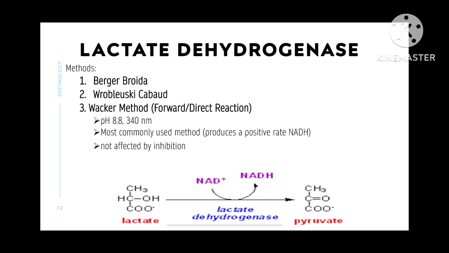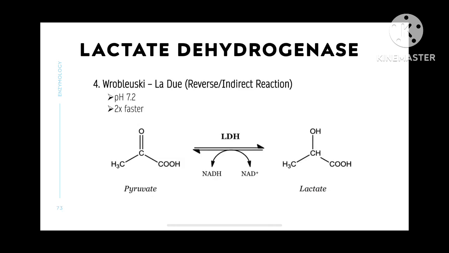There are actually four methods: the Berger-Broida, Wroblewski-Cabot, and the forward or direct reaction, known as the Wacker method. For the forward method, the reaction proceeds from lactate to pyruvate. While Wroblewski-Ledoux makes use of a reverse or indirect reaction, from pyruvate to lactate.